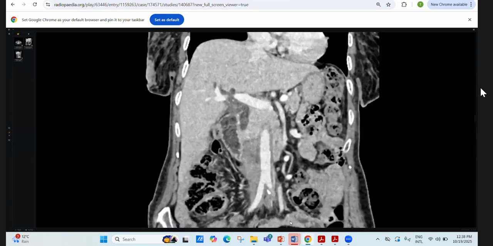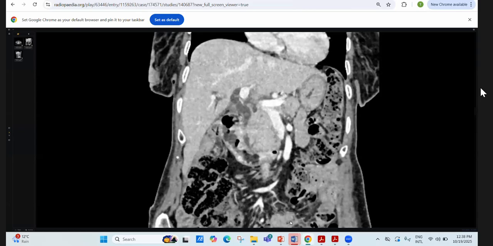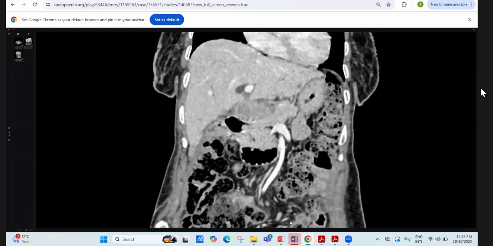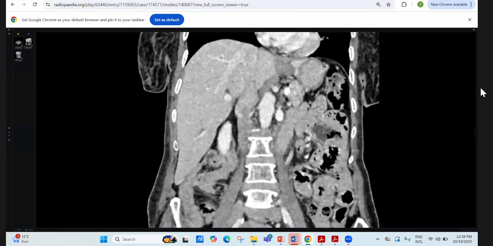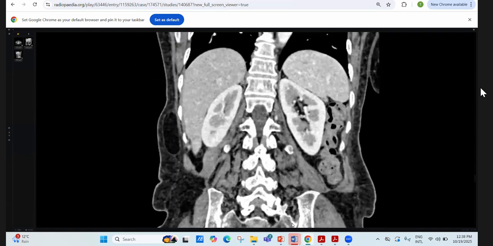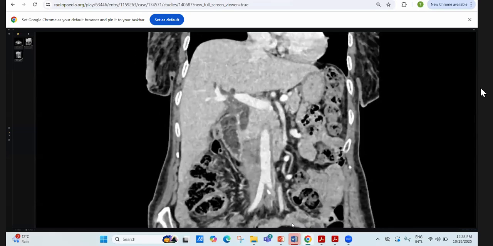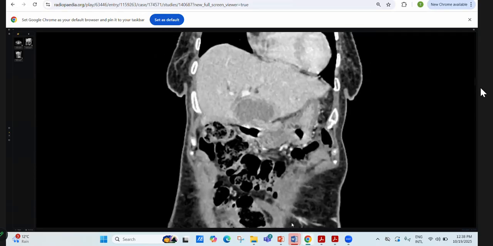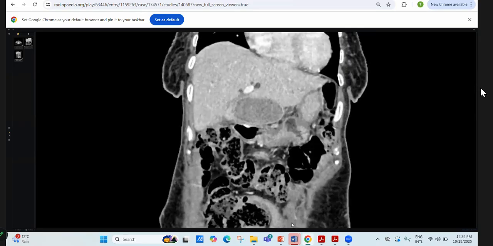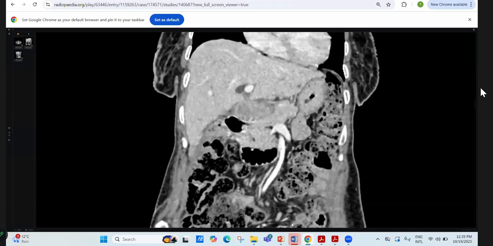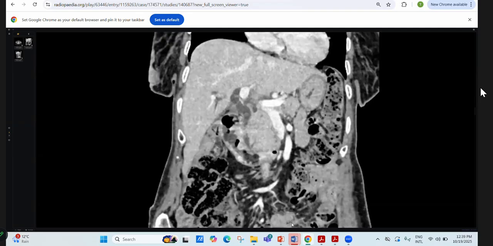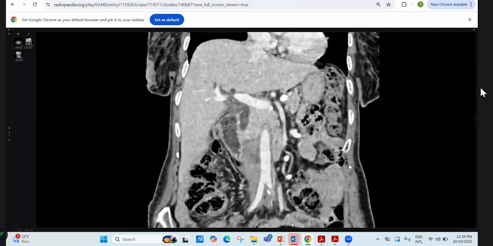It is showing tapering of the lower end, and I'm suspecting a few densities within the CBD. I'm also going to the same area of interest which I saw on axial images. This is a small, thin walled area with relatively high density, but I can see valvulae conniventes, so it may represent an adjacent dilated sentinel loop.